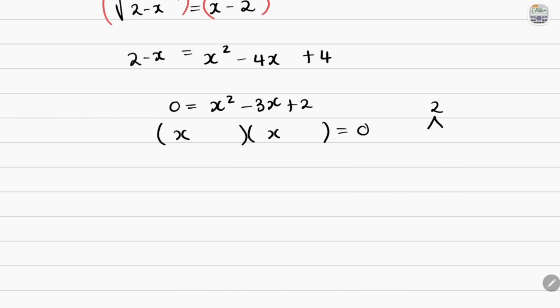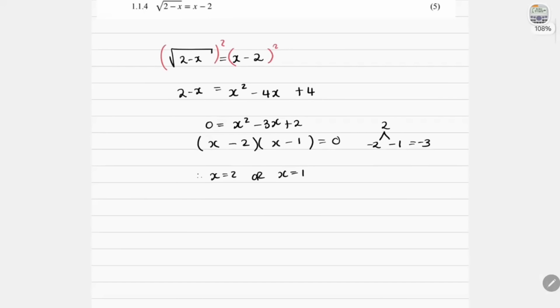Because the middle is negative, you can just make both factors negative. So negative 2 minus 1 is negative 3, and negative 2 times negative 1 is positive 2. So this is x minus 2, x minus 1. Therefore, x is equal to 2, or x is equal to 1.